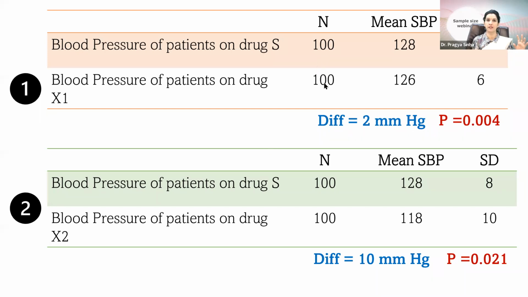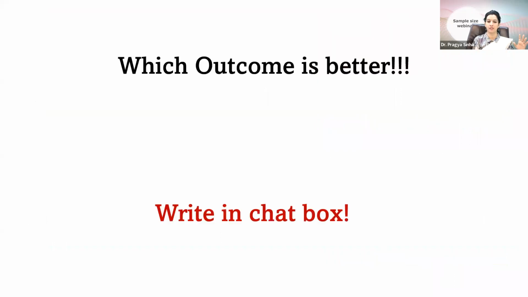You can see it is 100, and in X2 also it is 100. So in this case, you will see that there is a mean difference of 2 millimeter and it was statistically significant. Whereas in the second case, you will see that the mean difference is 10 millimeter and it is also statistically significant. So now answer which outcome is better.